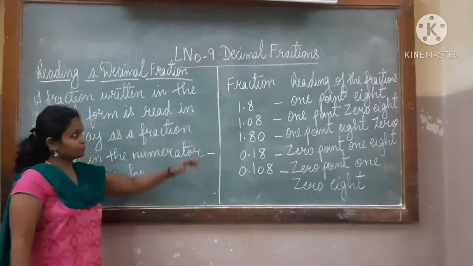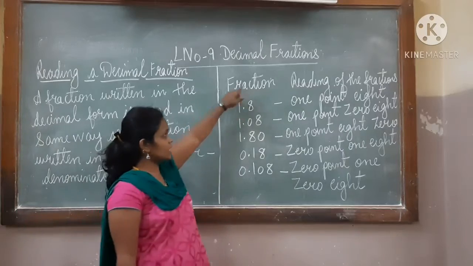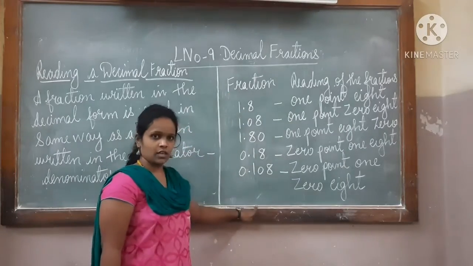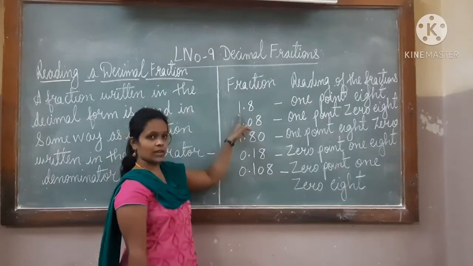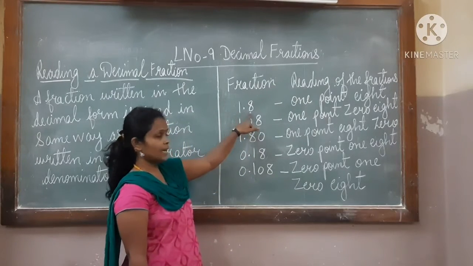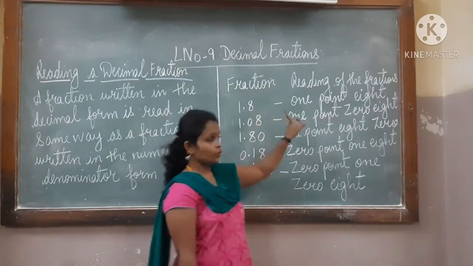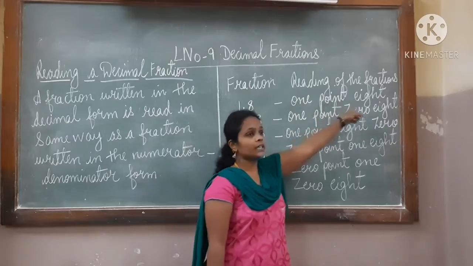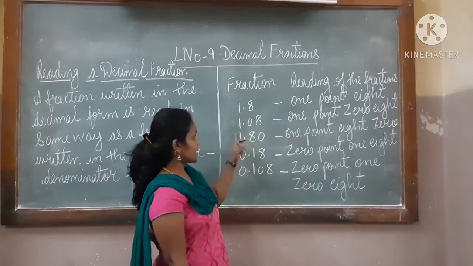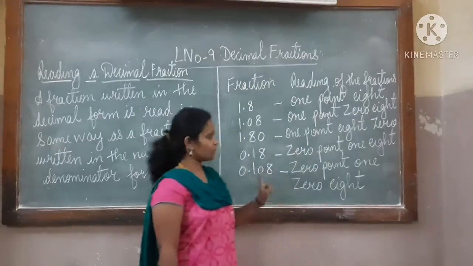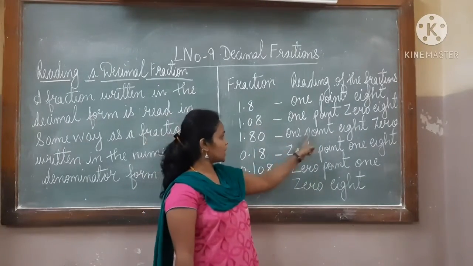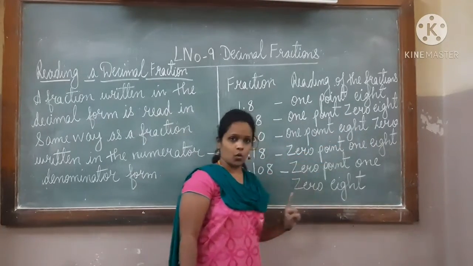See children, here what is given, this is called as fraction. And reading of the fractions, how you are going to read? See, first one is 1, you can see point and 8. So you will read 1.8. Then second one is 1.08. 1.80.